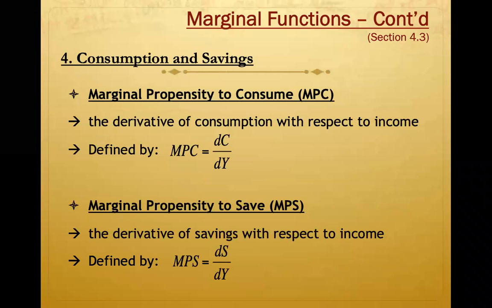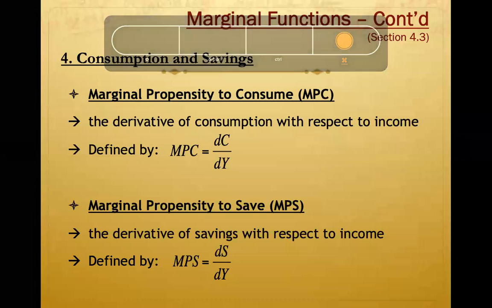Consumption and saving is the fourth application. We have two common marginal propensities that are maybe quite familiar when we discuss consumption and saving in a linear or non-linear function. And now we will see the derivative of consumption with respect to income.